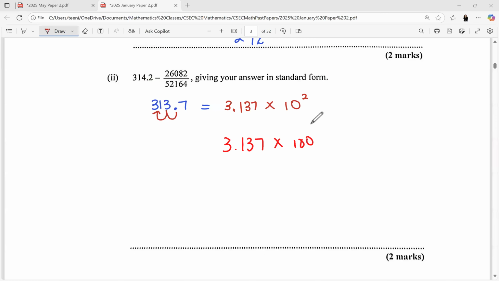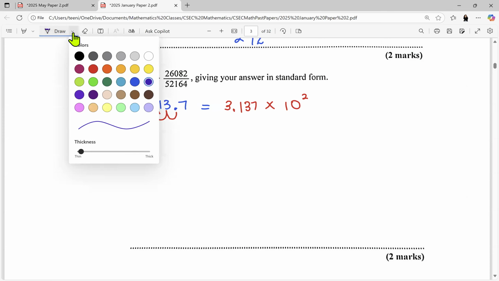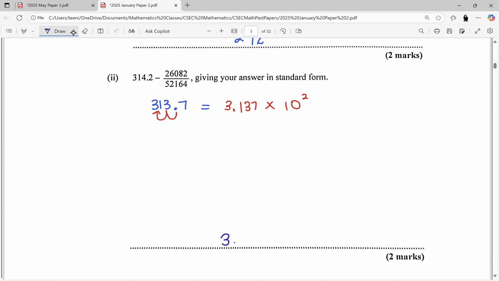So 3.137 times 100 does in fact give me 313.7. So I know that my answer is correct. So to represent this answer in standard form, it will be 3.137 times 10 to the power of 2.